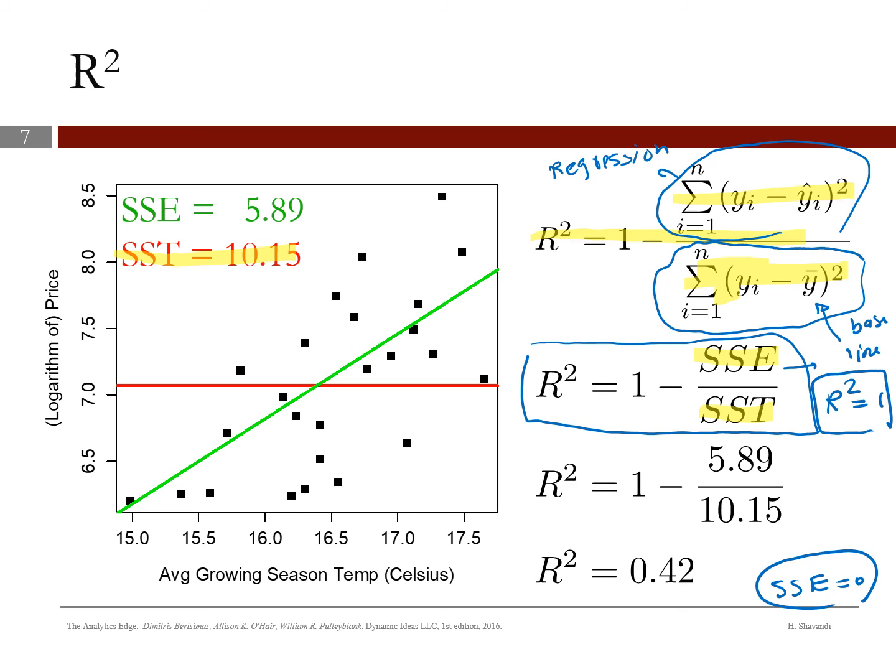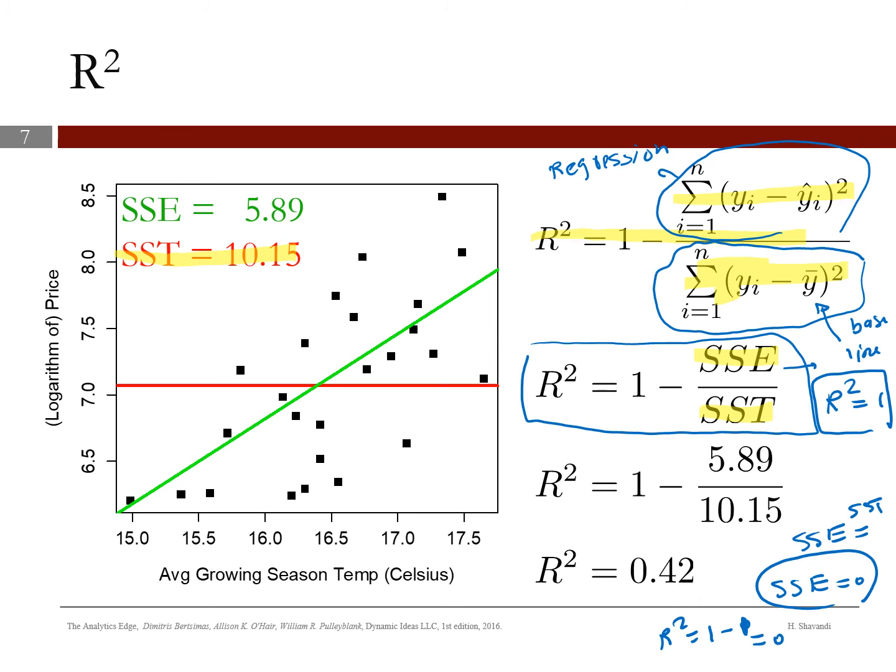And what if the regression model is not working better than the baseline? In that case, SSE will be equal to SST, right? Then we'll have R squared of 1 minus 1, which is 0.